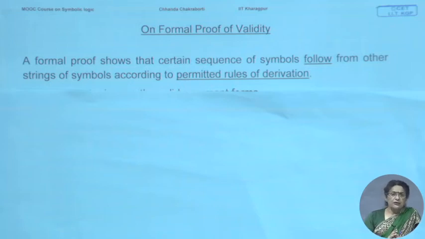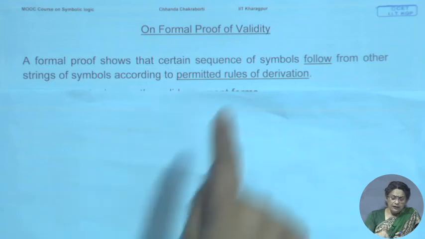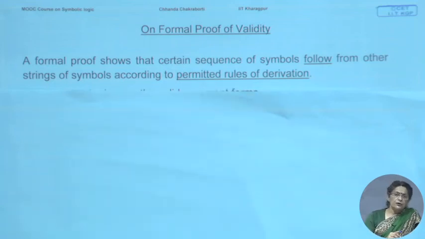Their axioms are not the same, and the rules of derivation that they allow may also not be the same. So, they can pick and choose and decide that we are going to only allow these rules to be our rules of derivation. This is the reason I have used the word permitted. So, the system that we are going to follow will have a very specified set of rules of inference or derivation, and we are going to learn those. If you are in another logical system, you may have to use some other rules of derivation.